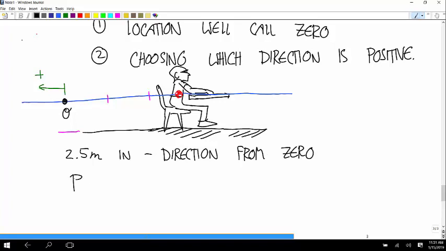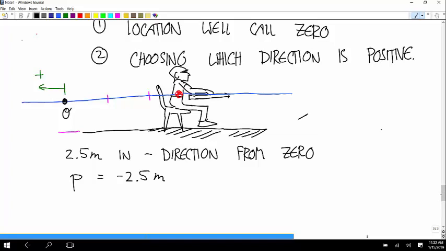And so we would say that the position is equal to, what's your position if you're 2.5 meters in the negative direction from 0? What's the numeric value? Negative 2.5 meters. But before we make that choice of 0 and the positive direction, we don't have anything. So we have to choose that reference.